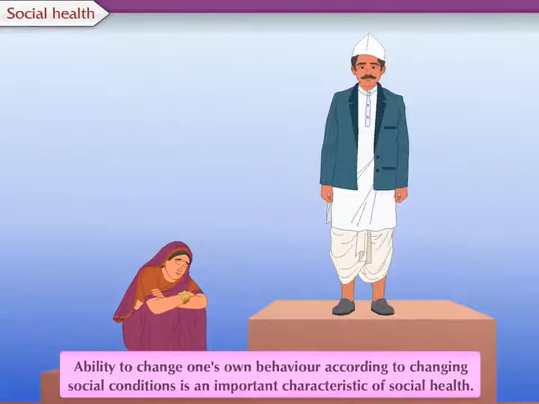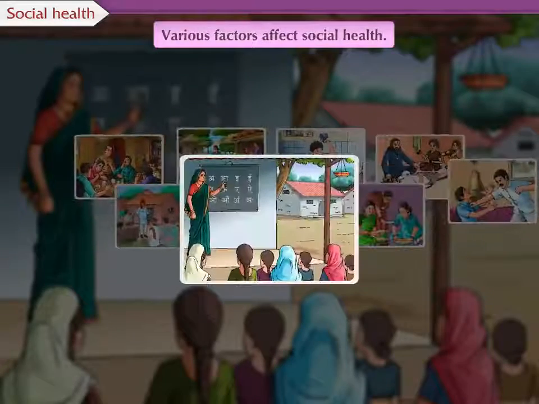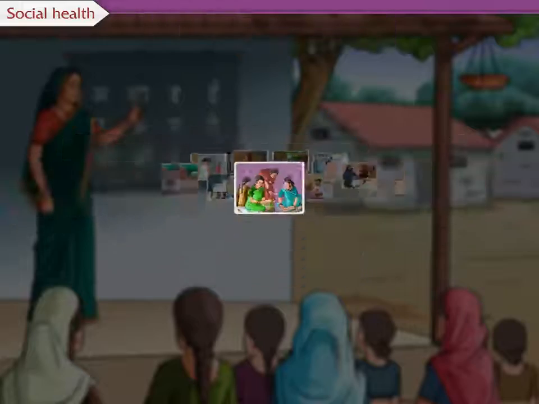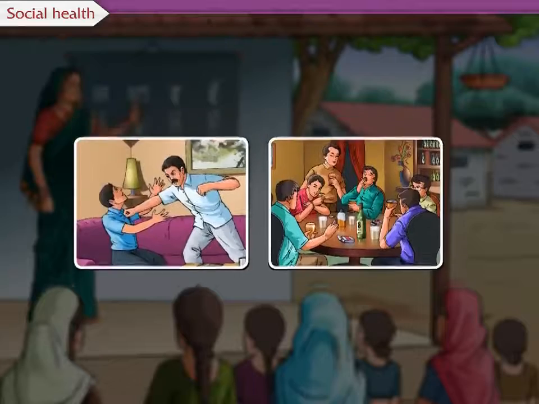Ability to change one's own behavior according to changing social conditions is an important characteristic of social health. Various factors affect social health. Among them, some factors help to maintain good social health, while others contribute in disturbing the social health.